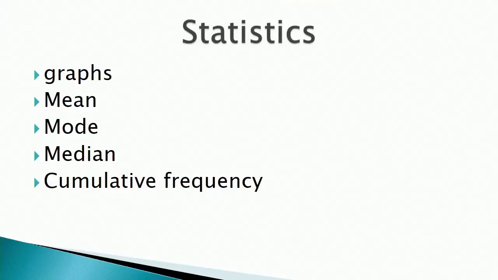Statistics. Here you should know graphs, how to draw them, like for example histograms, pie charts, and others. Also know the 3 averages, which are the mean, the mode, and the median. Know how to draw and interpret cumulative frequency graphs and tables.